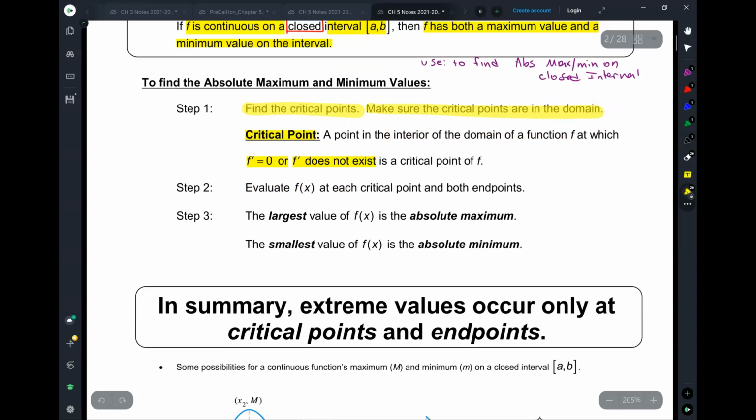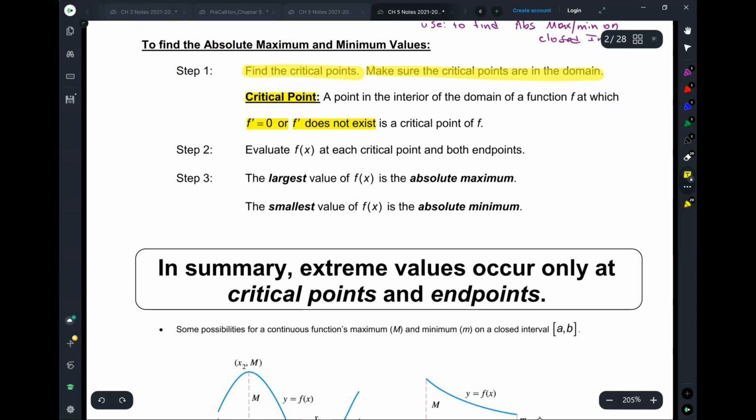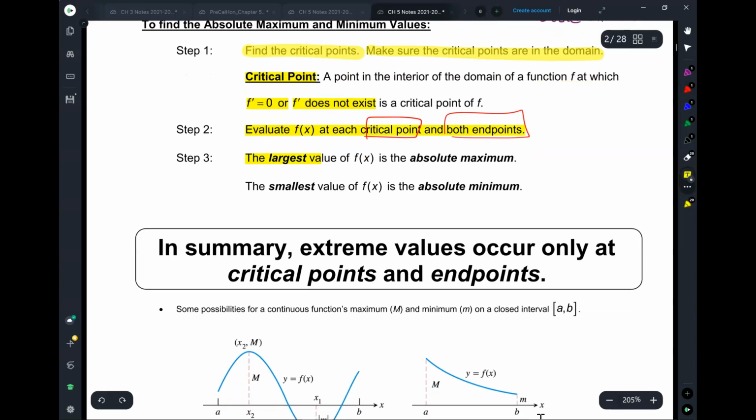Okay? All right. Next, evaluate f of x at each critical point and both endpoints. Step 3, this is the easy part. The largest value is the absolute max.